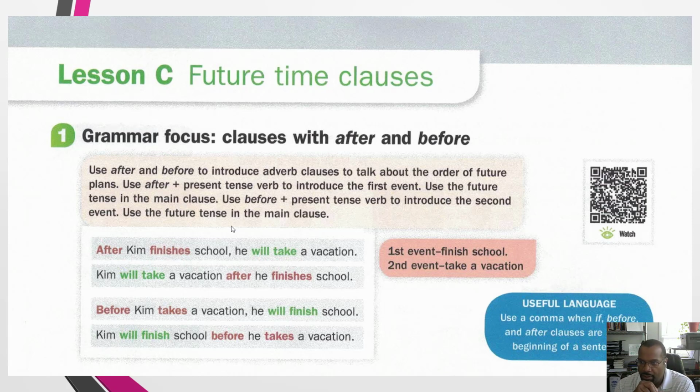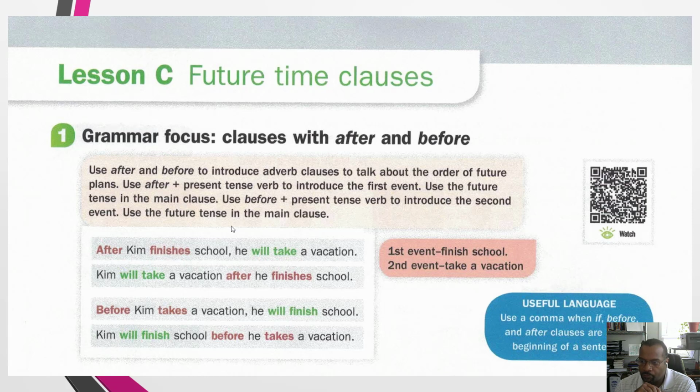Use after plus the present tense of the verb to introduce the first event. Use the future tense in the main clause, right? Use before plus the present tense verb to introduce the second event. Use the future tense in the main clause.